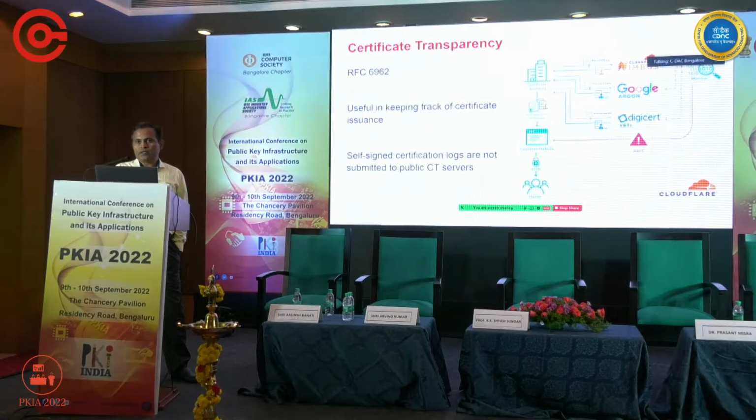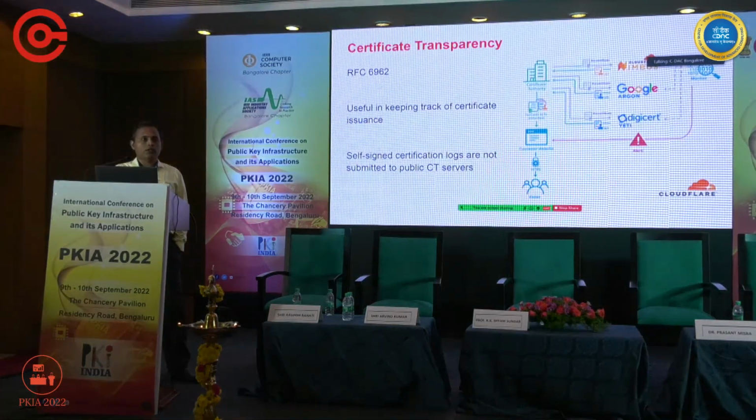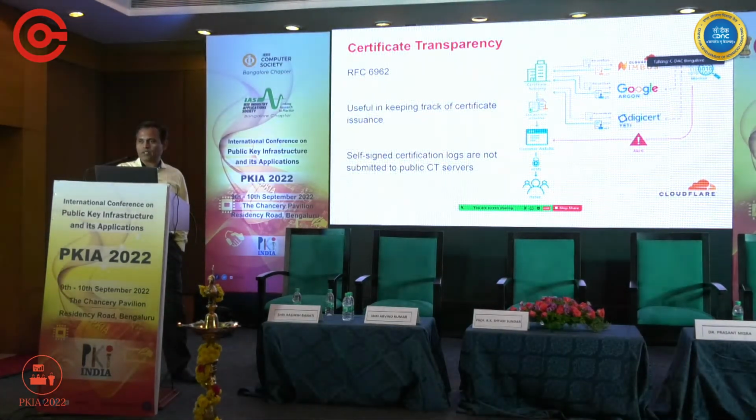The initiative is, if someone issues a certificate, it has to be time stamped and it has to be told to 3 or more notaries in this certificate transparency initiative. In this example, Cloudflare's Nimbus, Google's Argon, or DigiCert's Yeti.